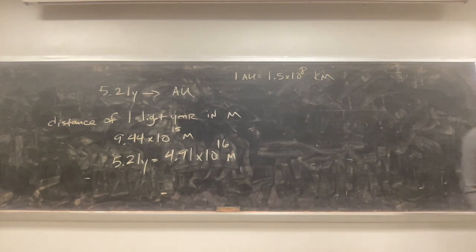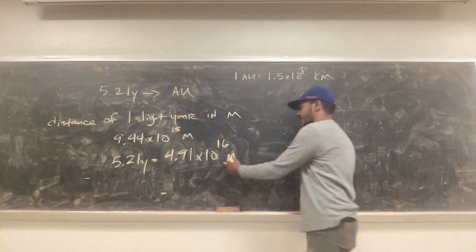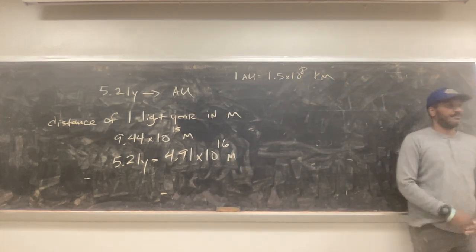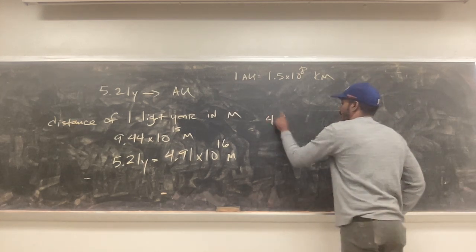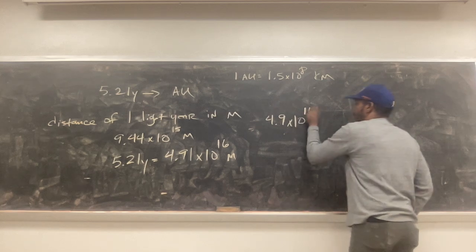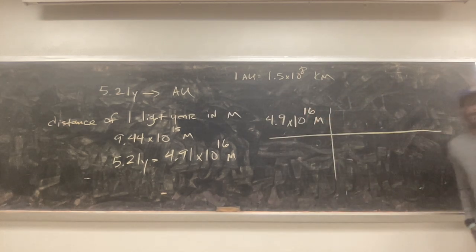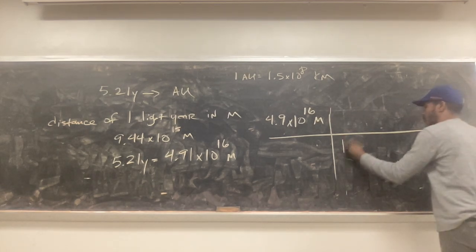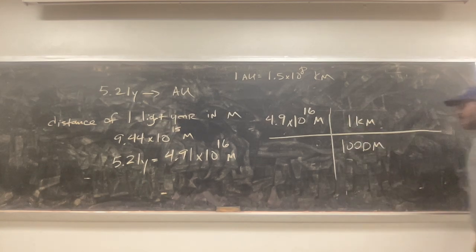So now we have a distance. Or we always had a distance, but we got it in meters now. So now we can change this to kilometers, right? How do we do that? We have 4.9 times 10 to the 16 meters, and then 1,000 meters at the bottom and 1 kilometer at the top, and then just divide those.